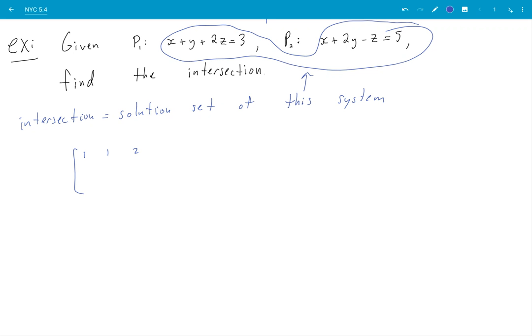1, 1, 2, 3 is my first row. 1, 2, minus 1, 5. I just row reduce this. Familiar operation.